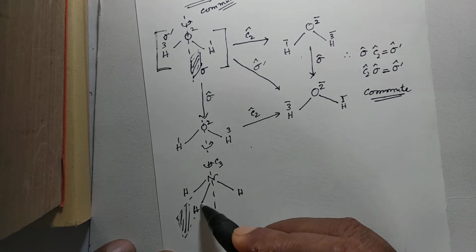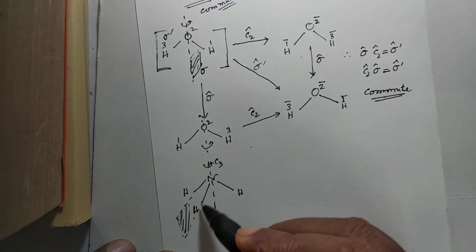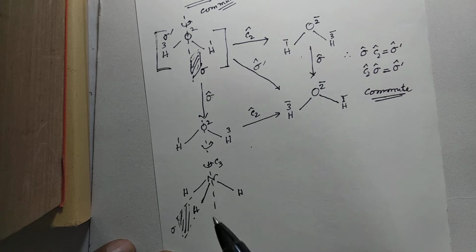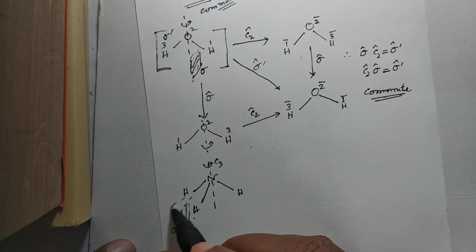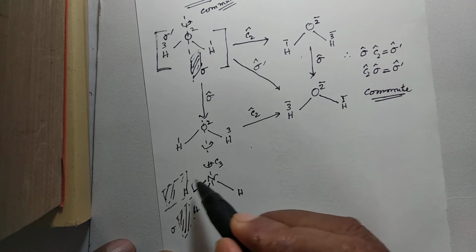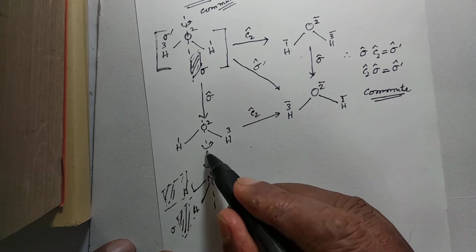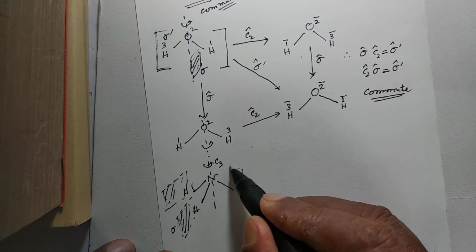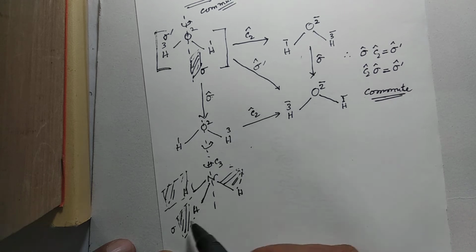This is a plane of symmetry which contains the NH bond and the C3 axis. Similarly, this again is a plane of symmetry, and containing the C3 axis and this NH bond, there is another plane of symmetry.